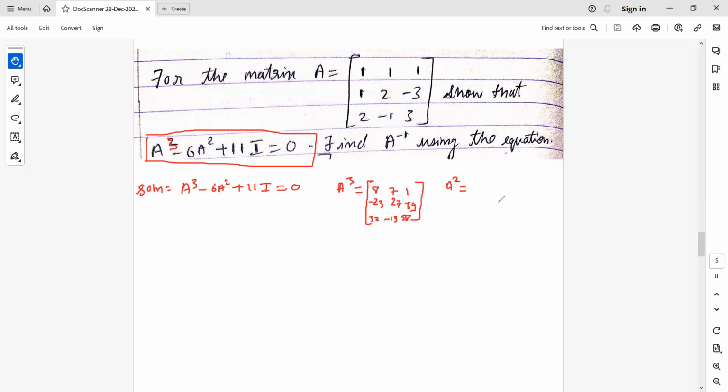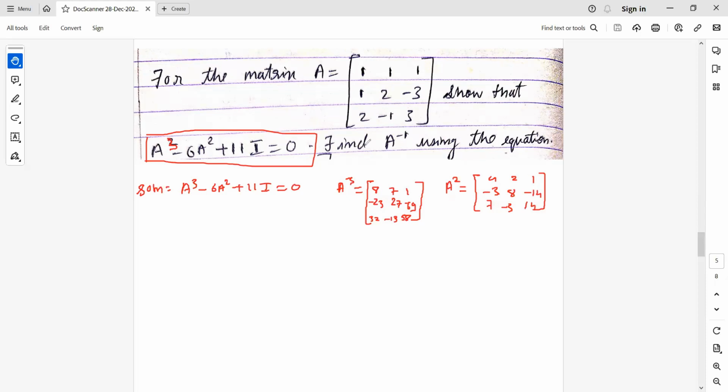And the A square value is 421, next we have minus 3, 8 and minus 14, and 7, minus 3 and plus 14. So using this you show it is equal to 0. Okay, so this part you can do.